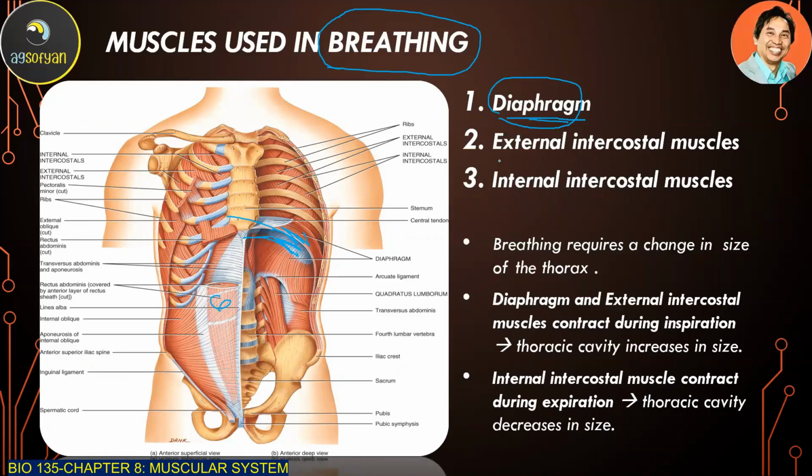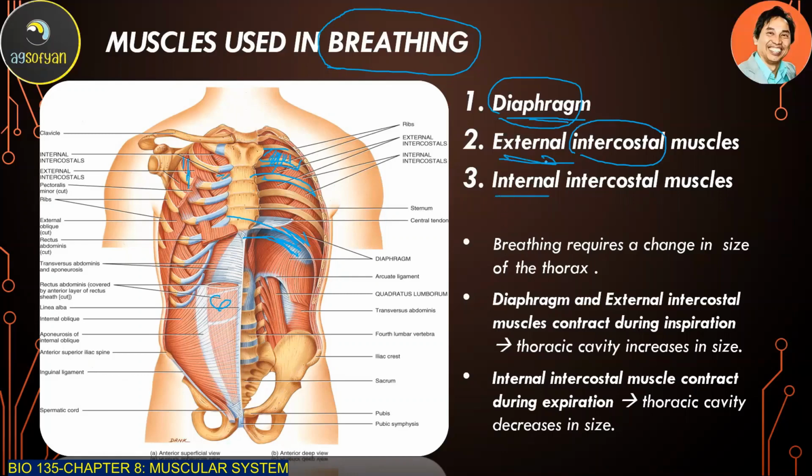The second one is called the external intercostal muscle. If you see, this is what we call the costae, ribs. Between the ribs, there is actually muscle. There are actually two layers of muscle. The layer outside is called the external, and the layer inside is called the internal.